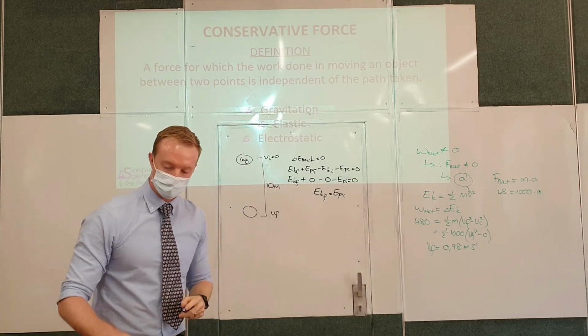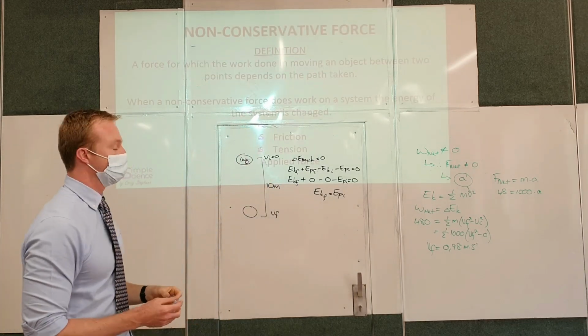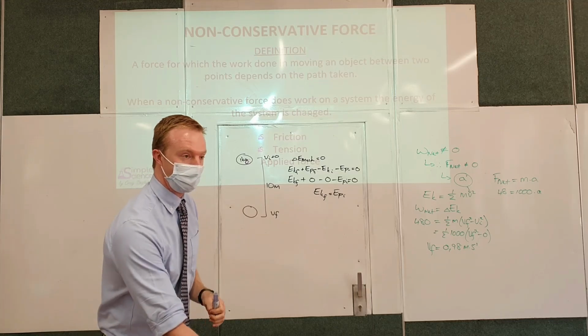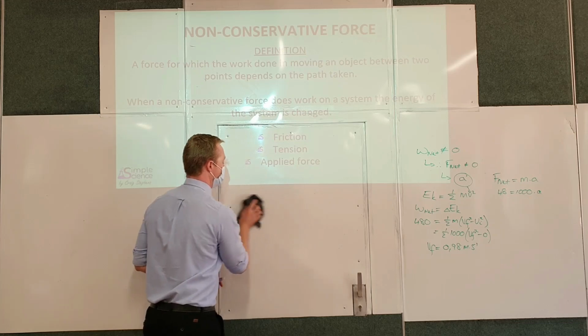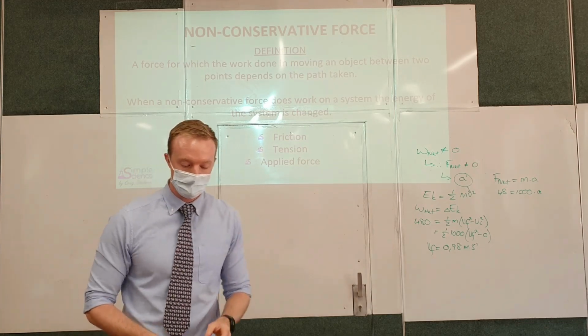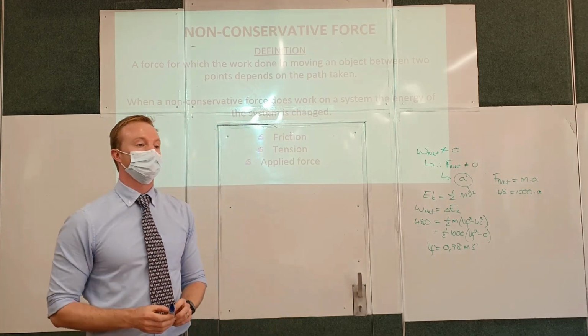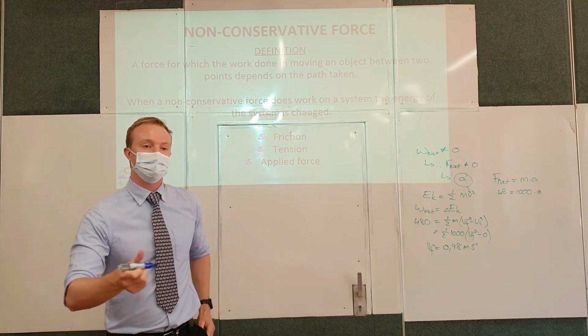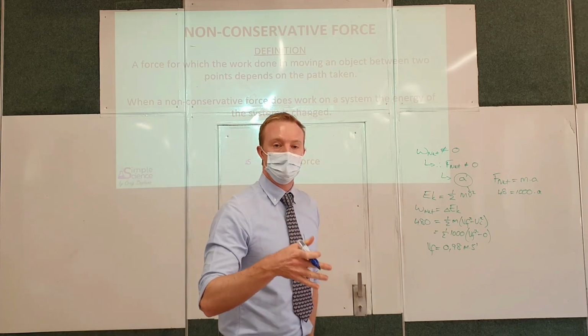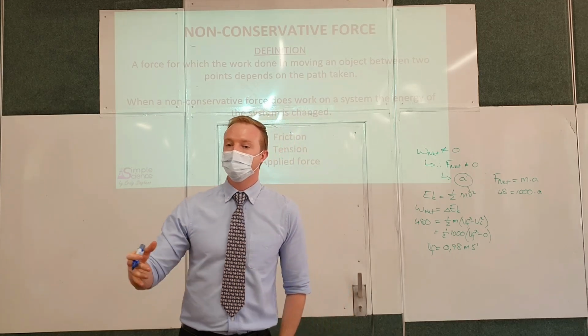This is in contrast to most of the forces that we deal with on a daily basis. These are known as non-conservative forces, where the definition for a non-conservative force is a force for which the work done between 2 points is dependent on the path taken. A common example would be if you need to push a car from one point to another.